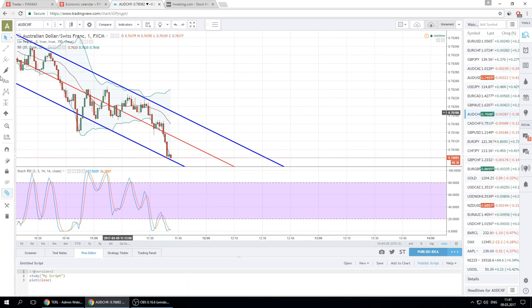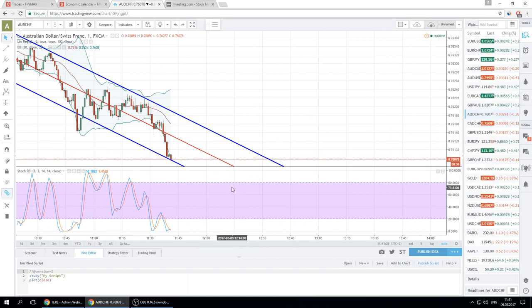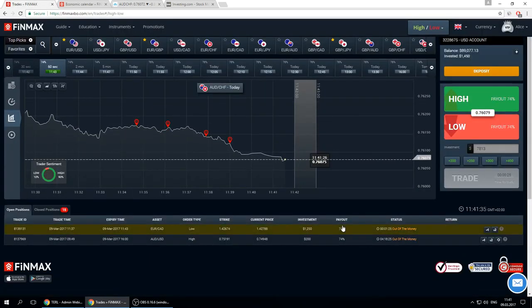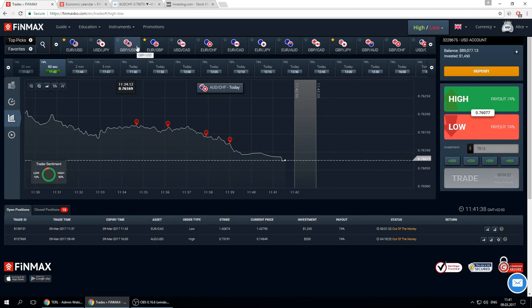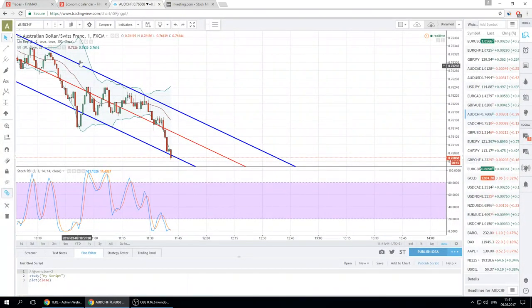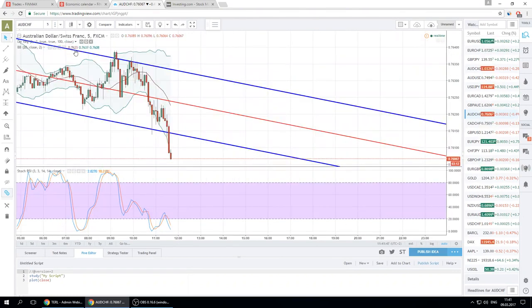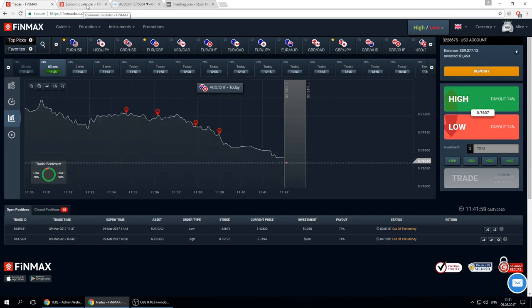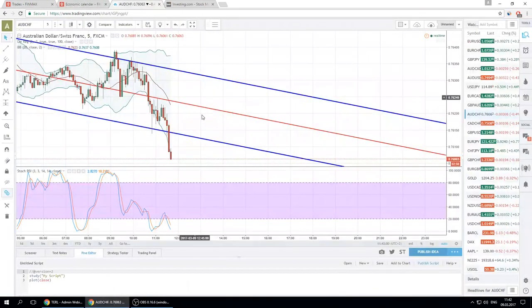We need to wait for a better signal, because right now, and on the 5 minutes the same situation, you see that it's falling and falling. So let's wait for a better entry point.